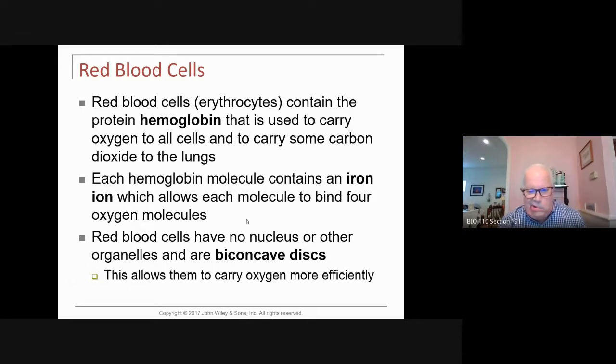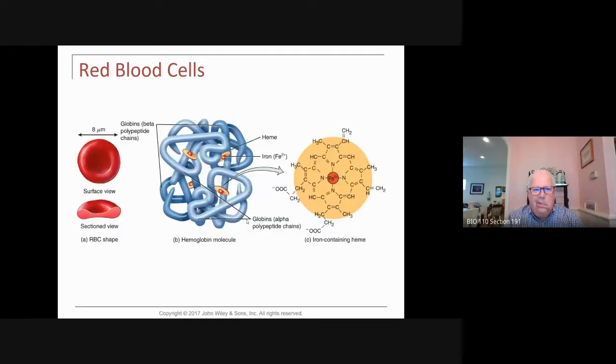Red blood cells, as I showed you, have no nucleus because their only function is to carry oxygen to the cell. They don't need to make a protein. They don't need to have a memory. They need to transport gases, and that's what they do. Here's what they look like: a biconcave disc. Here's hemoglobin.